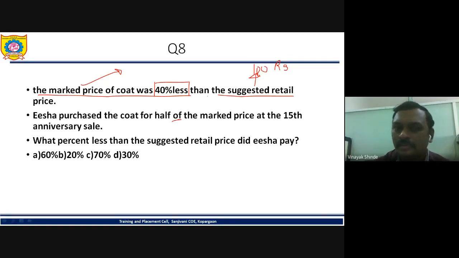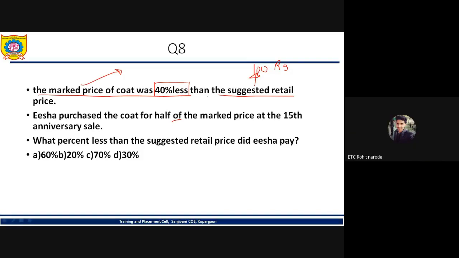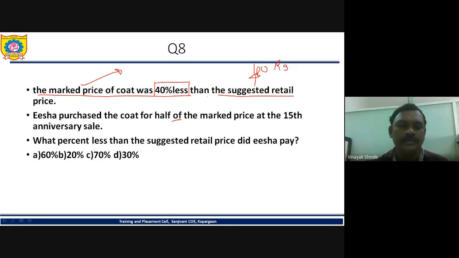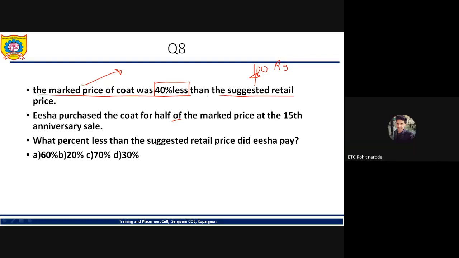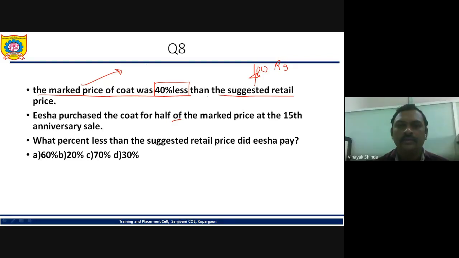So, how much price is marked for the coat? Yes, Rohit. 60%. So 60 rupees price उसके ऊपर लिखा होगा, right? Yes. Okay. Fine. Don't mute yourself.